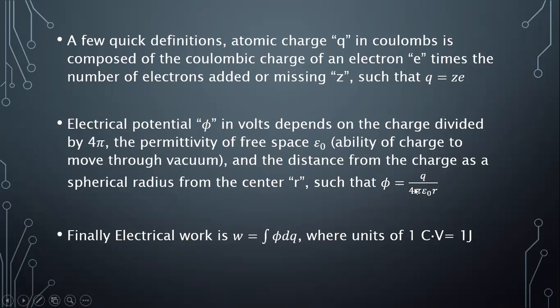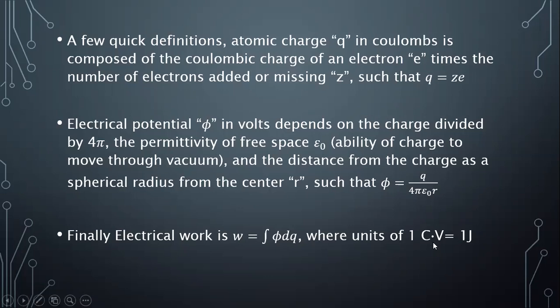For example, looking at beryllium 2 plus versus calcium 2 plus, they would still have the same Q, but the ionic radius would be different. So R would change, and the electrical potential would be different for those two. When we calculate electrical work, we're integrating our potential times the change in charge.